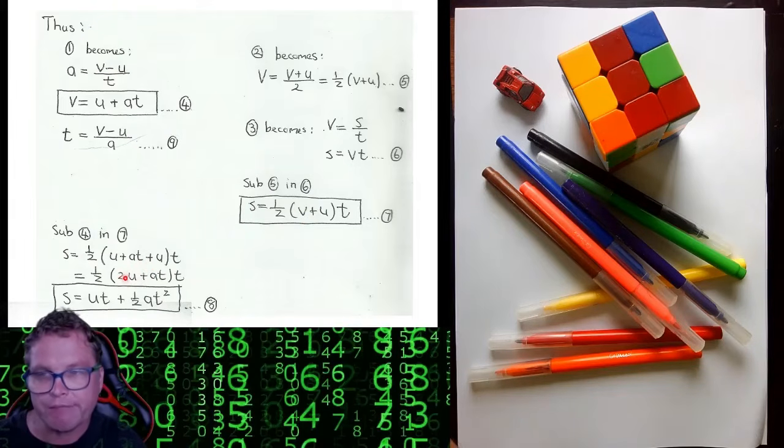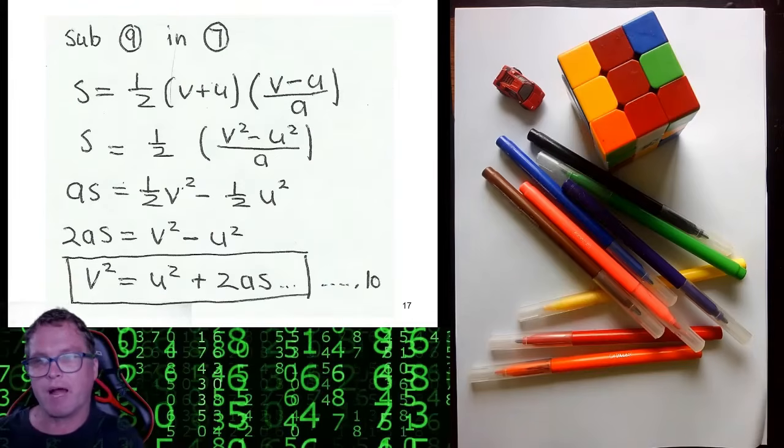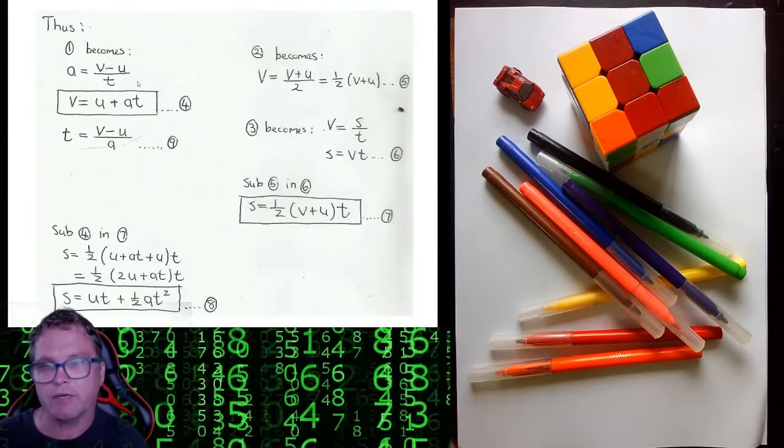Then we simplify, and we get the expression s is equal to ut plus half at squared. That's our third expression.